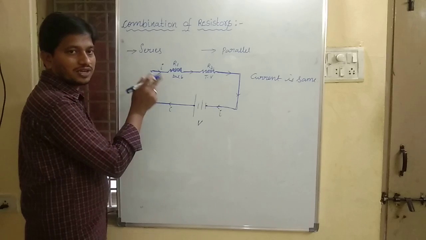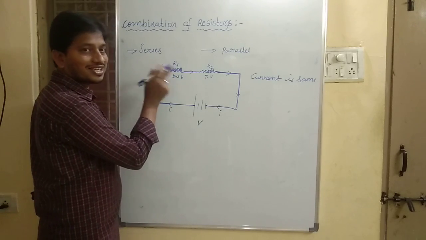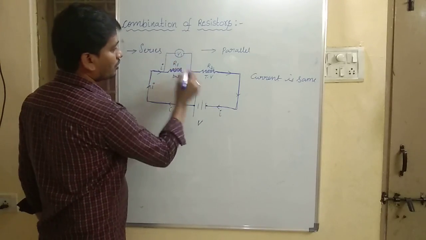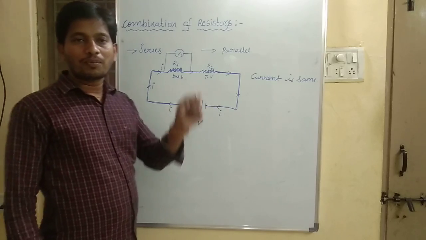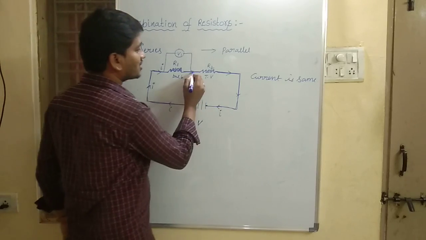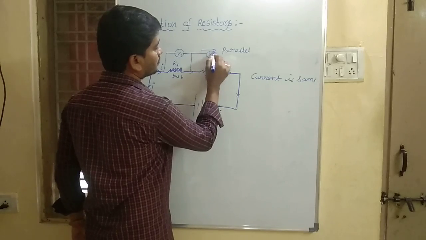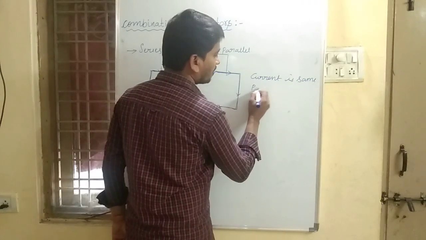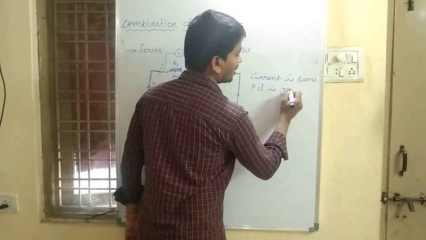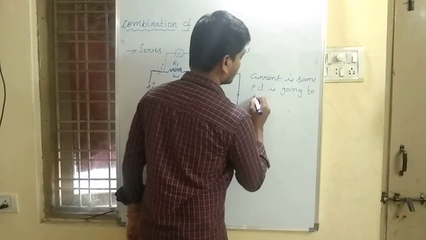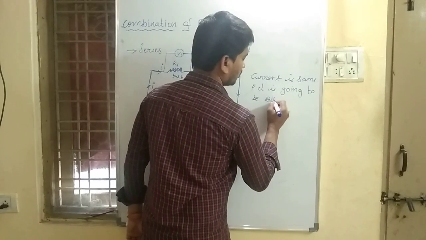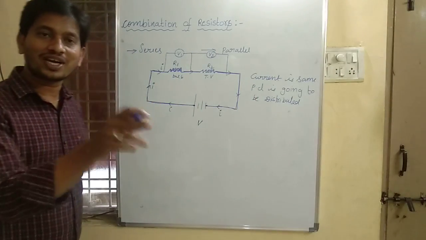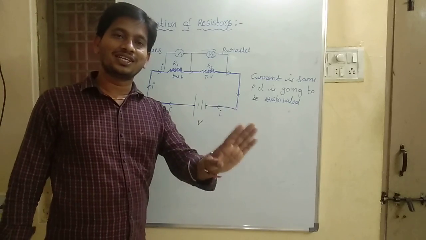The potential difference between the ends of resistor R1 is V1, and for the TV resistor it is V2. Very important point: current is the same, but the potential difference is distributed.